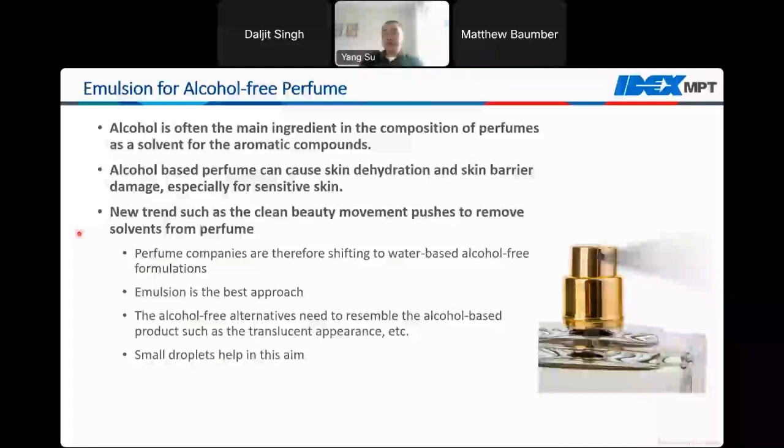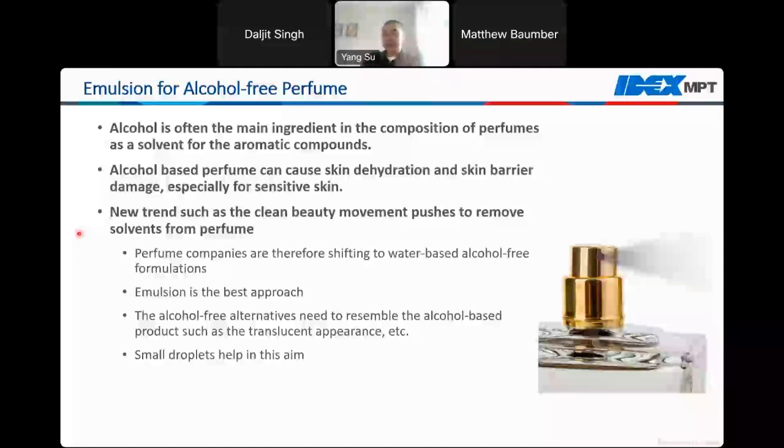I think everyone knows that alcohol is often the main ingredient for perfume formulations, because it is used as a solvent for the aromatic compounds, which are mostly water insoluble. There are some drawbacks when alcohol is present in the product, because it can cause skin dehydration and skin barrier damage, especially for sensitive skin.